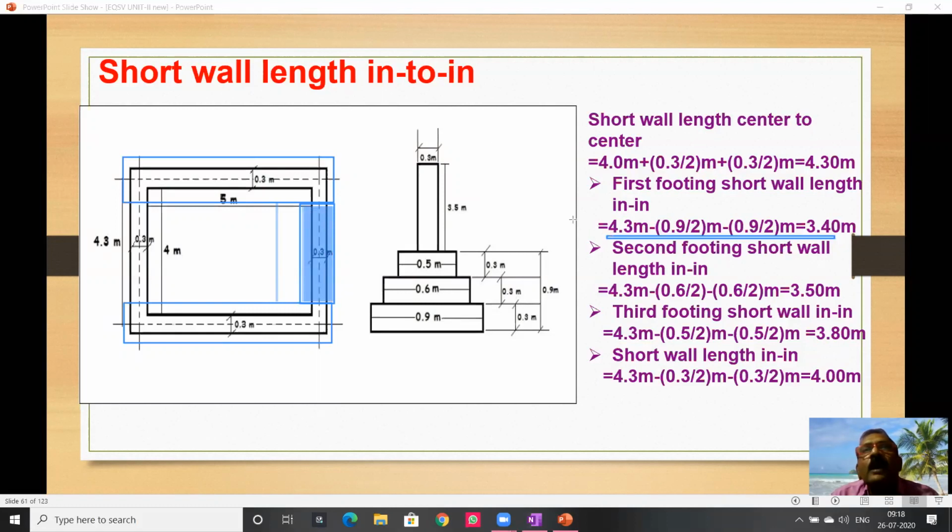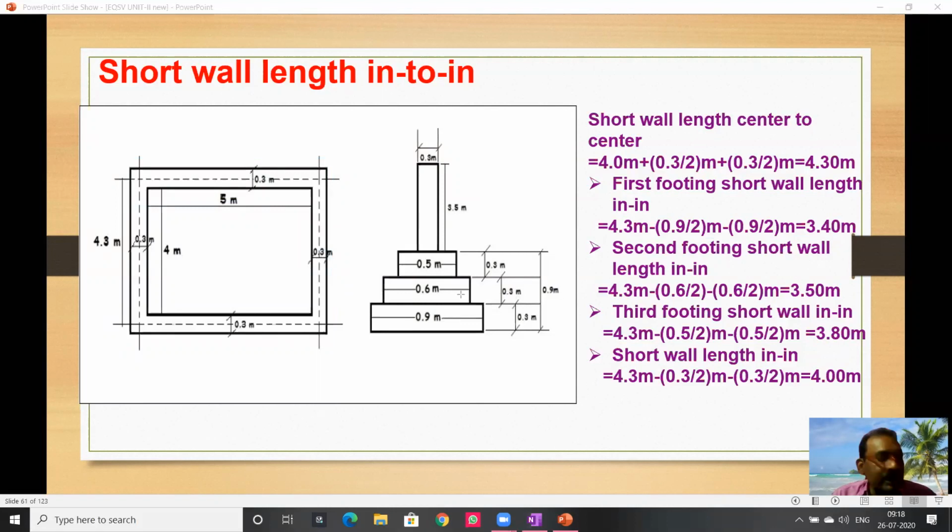That is what I'm showing here. See, this is very important. This concept. Similarly, for second footing, the value is 4.3 meters minus this 0.6. See, this 0.6, how much is the value here? 0.6.